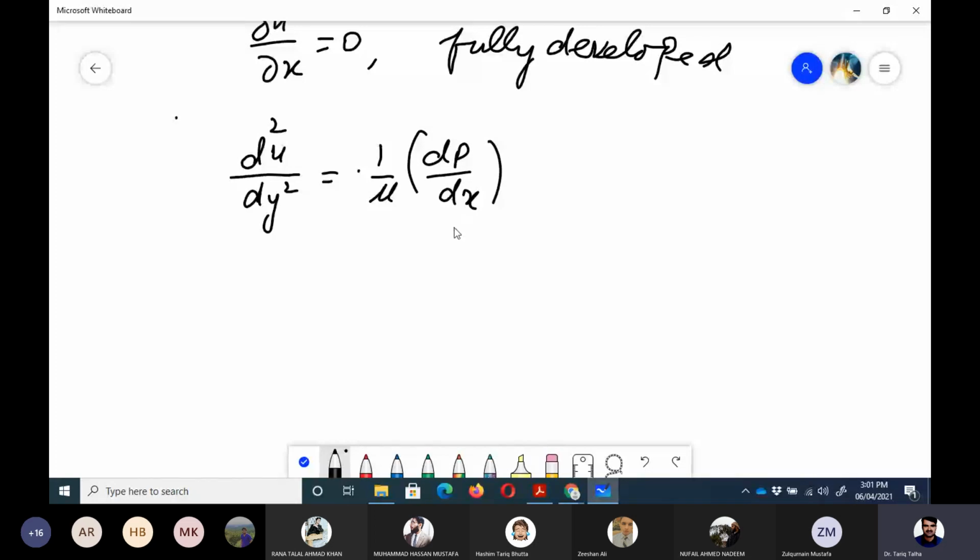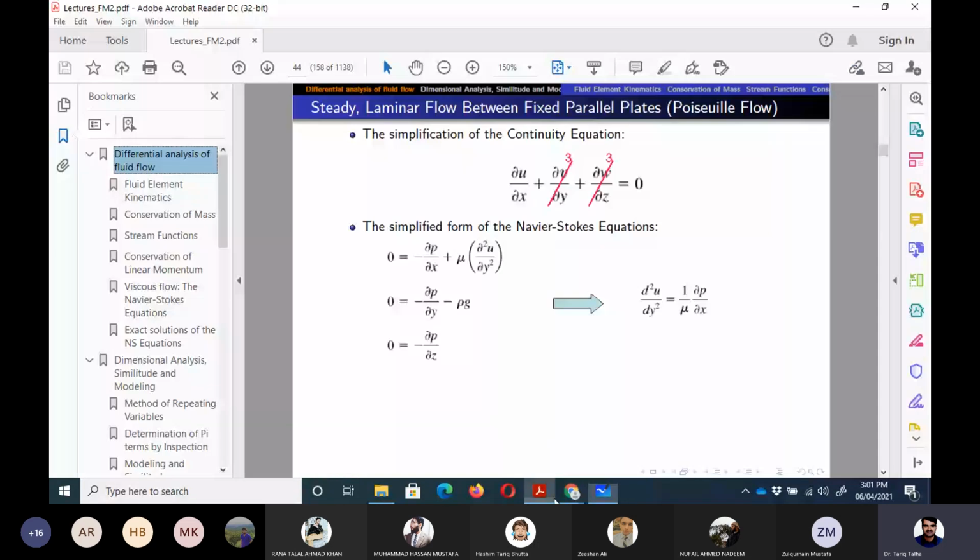It should be partial p by partial x, but we can easily write it by dp by dx. But for the consistency sake, we can write it partial p by partial x for the time being. So it is the same equation.